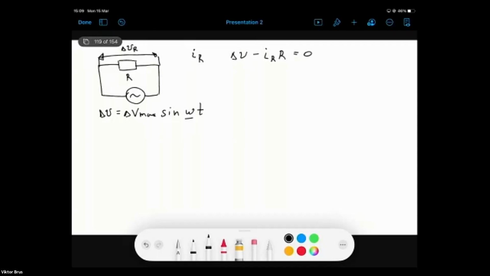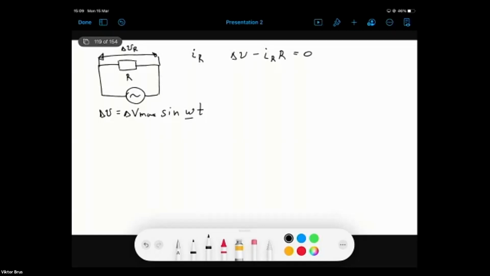So it's Kirchhoff's loop rule, which means that the sum of all voltages, like electromotive force and voltage drops in the loop, should be equal to 0.